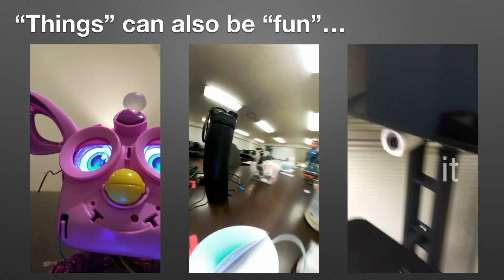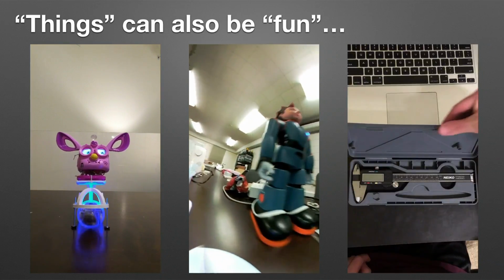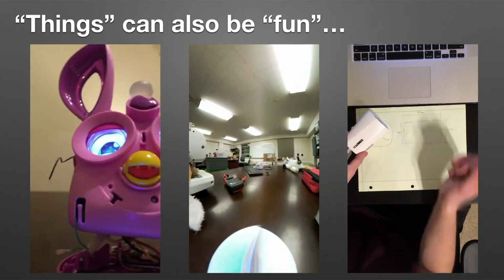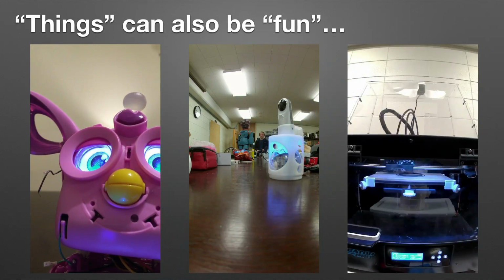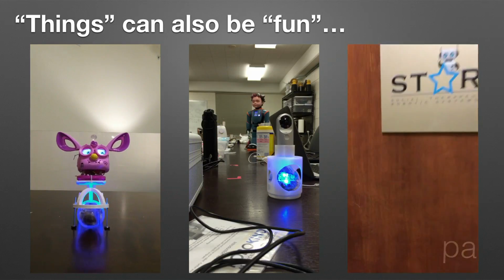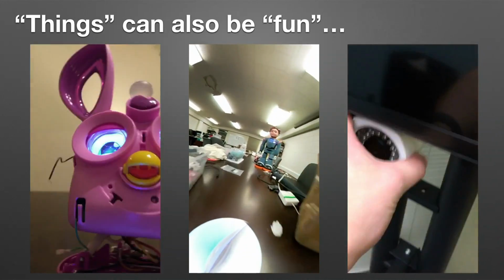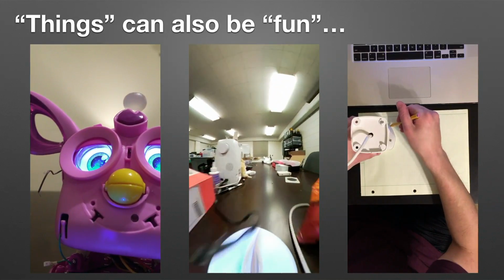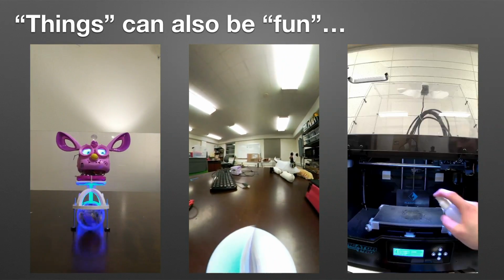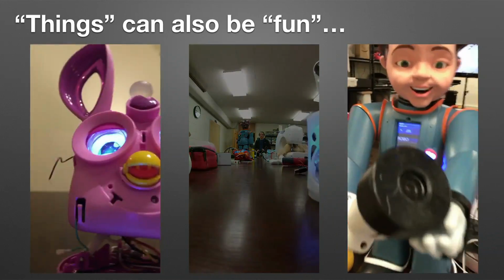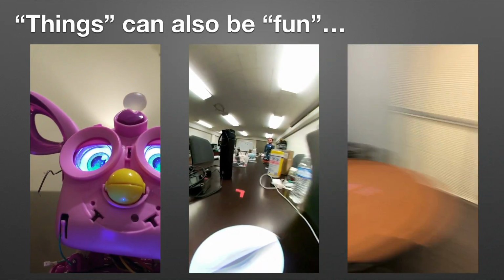This middle thing is another use of the Sphero, a 3D printed enclosure that mounted a 360 camera that you can drive around and capture 360 video. This is going down a table in one of our labs. And then you can use software later to pan around and set up your shot there.